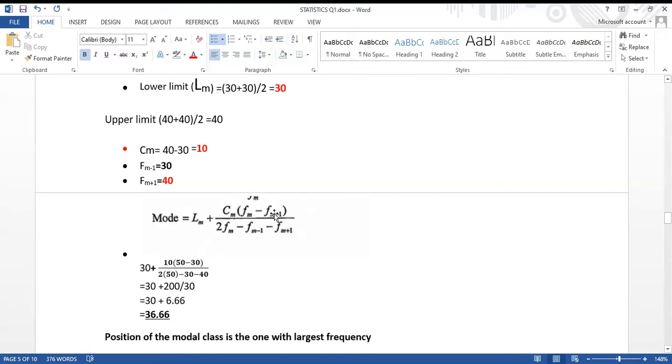FM minus 1, this is the frequency of the class before the model class, right? And FM plus 1, this is the frequency of the class after the model class.